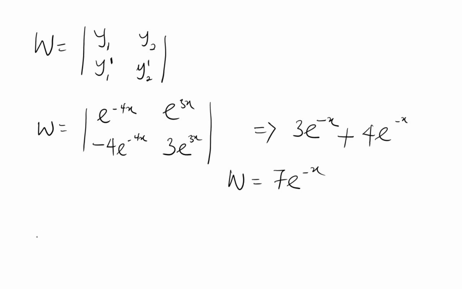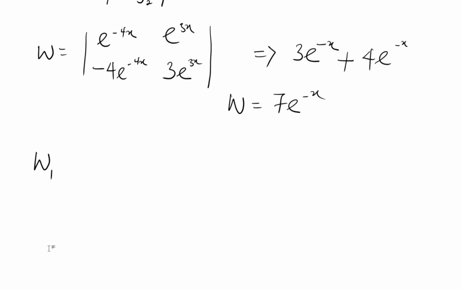Then there are the determinants related to y1, and then I'm going to find another one for y2. To find w1, in the place of y1 from the general Wronskian matrix, I'll put 0, and here I'll put the function of x.